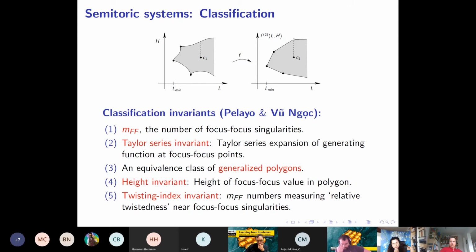I didn't say that I only look at systems that admit only one pinch in a torus, but you could also have several pinches in a torus. For that, there's an update of this classification done, I think, two or three years ago by Palmer, Pelayo, and Tang, and they also managed to include that. So they are fully classified now.